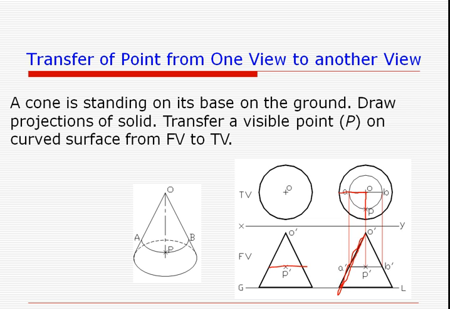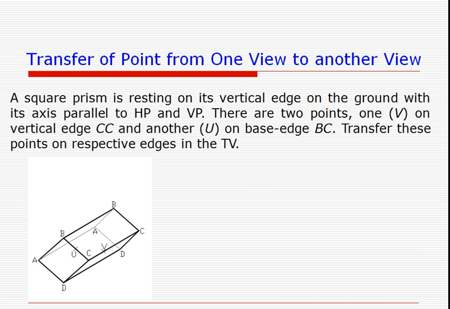So we transfer it by first transferring a dummy point A. We know P is as much distance from the apex as is A. That is the concept we use, and we get the point transferred.